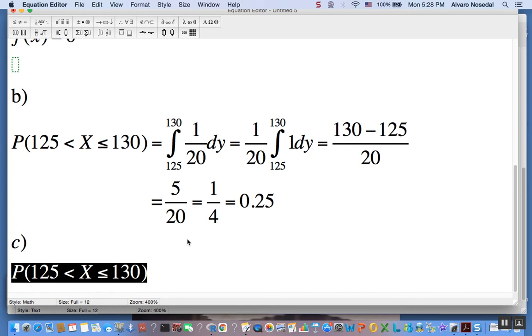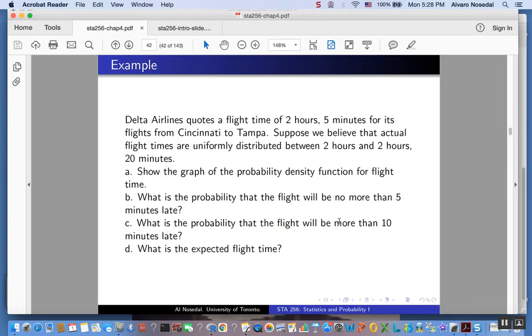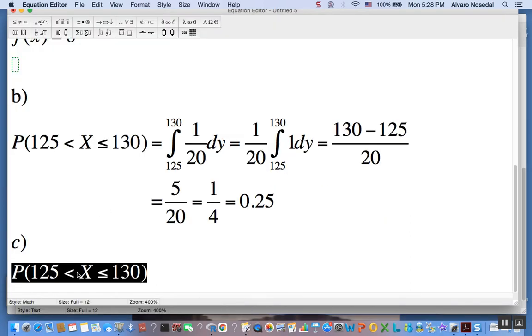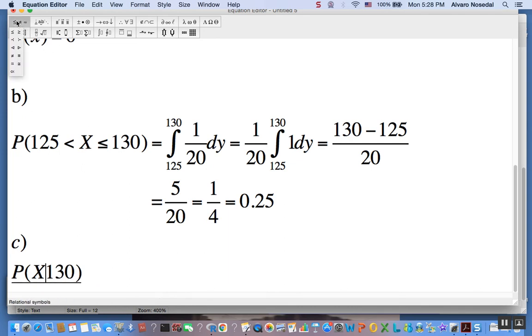Let me check. Yeah, more than 10. So that would be the probability that X is, and since it's more, it would be this.